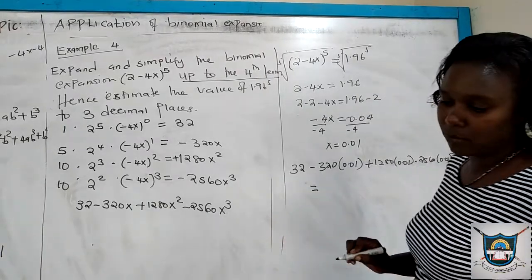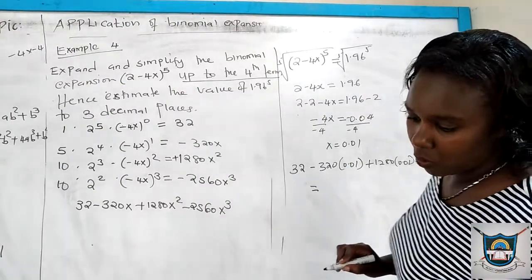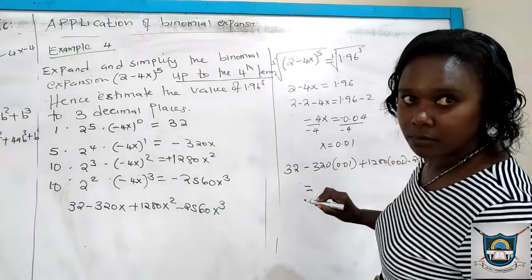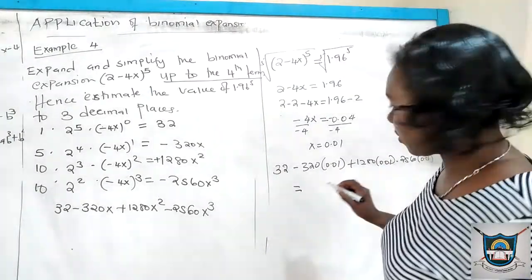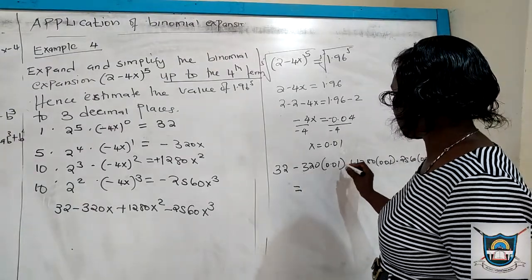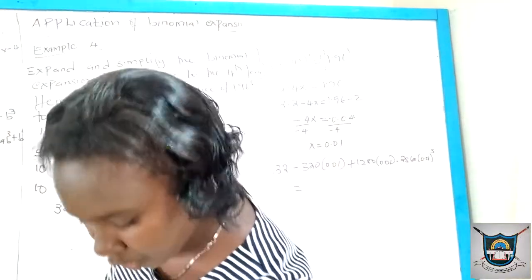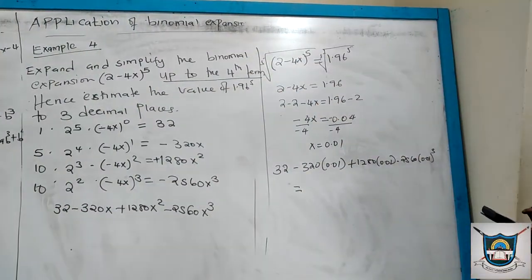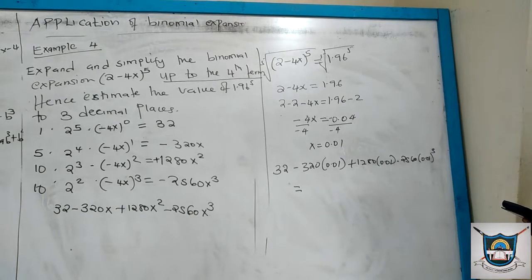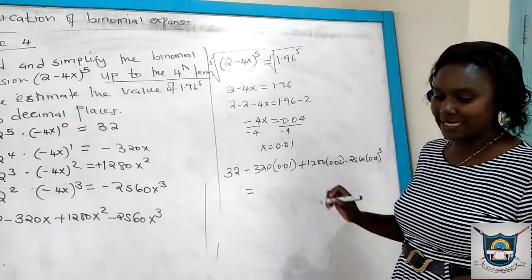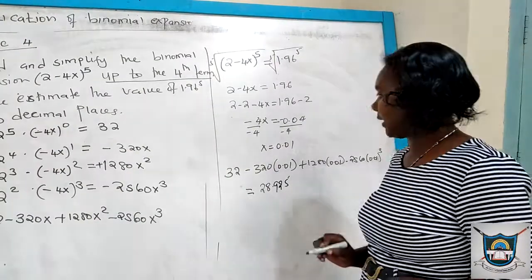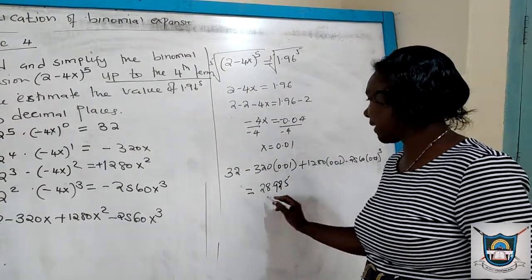Once we do that, we'll be able to get an answer which is 28.925, and our question is up to 3 decimal places.